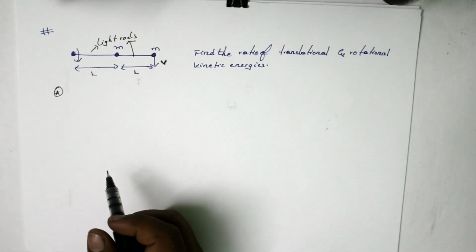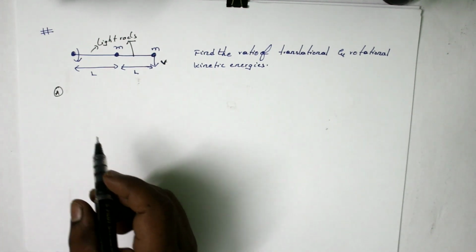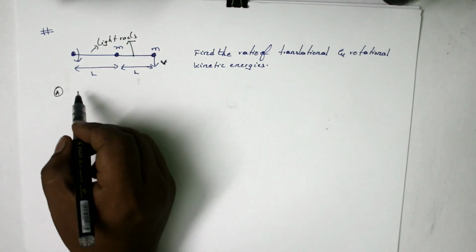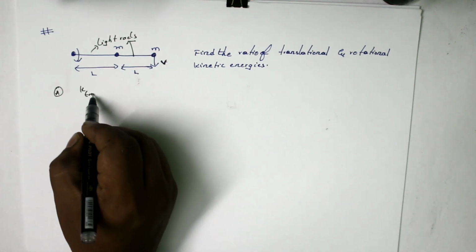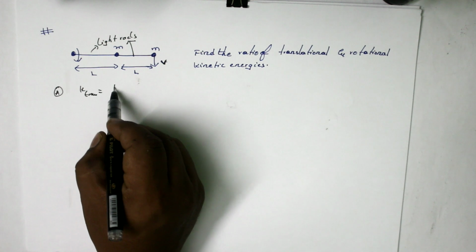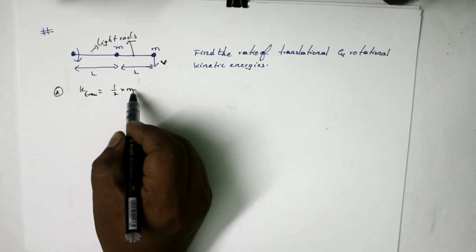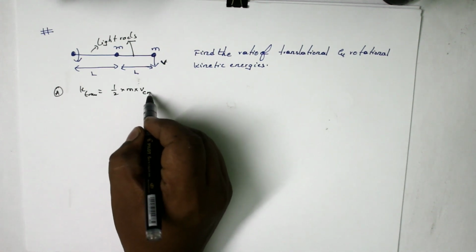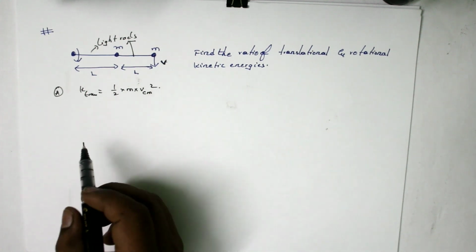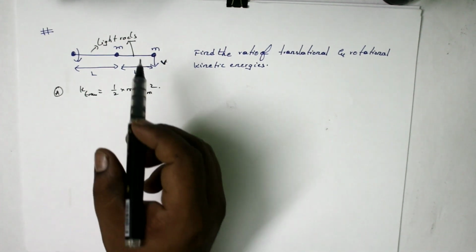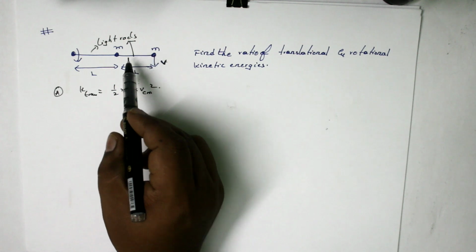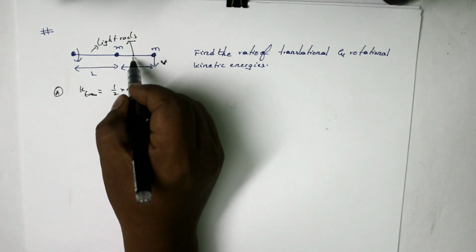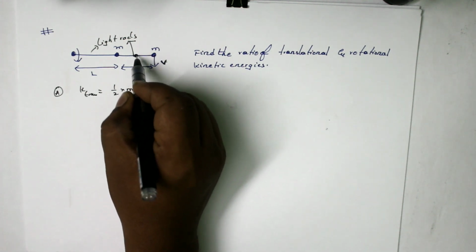We have already studied the equations of translational and rotational kinetic energies. K translational is equal to half into m into v center of mass square. For these two masses, definitely we can say their center of mass lies exactly at the center.